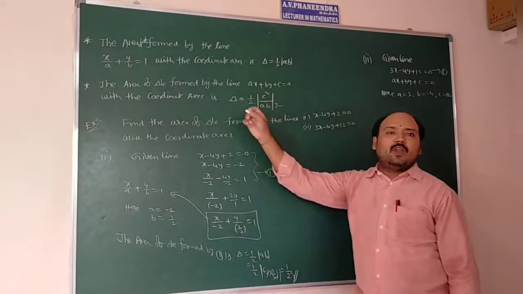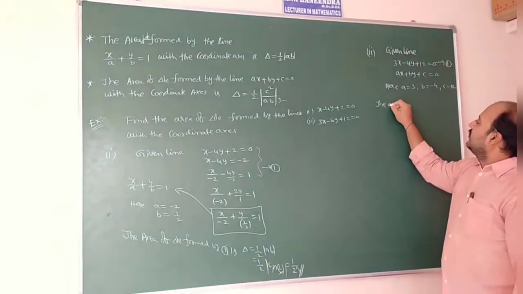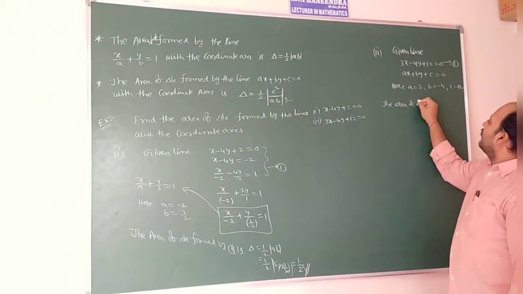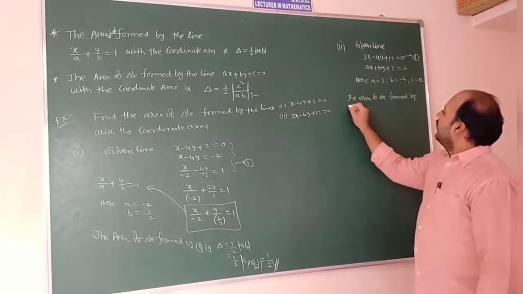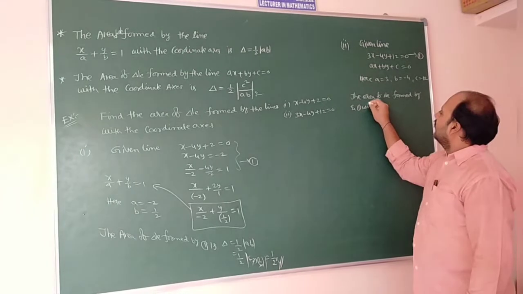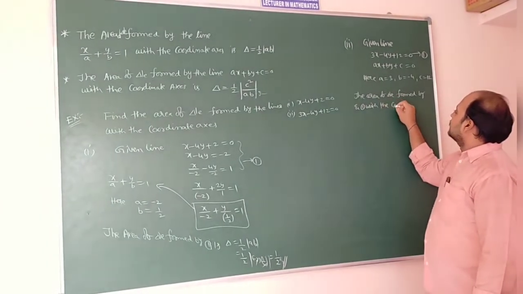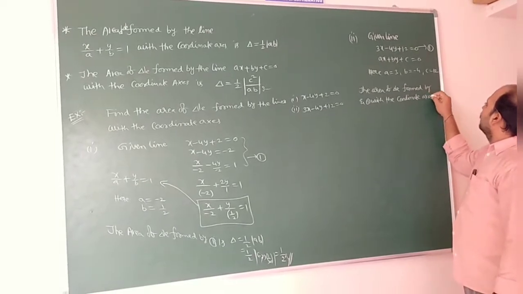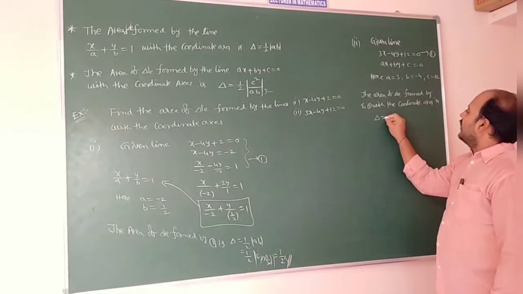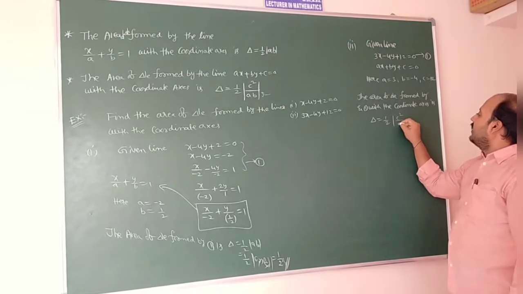By using second formula, the area of triangle formed by equation 1 with the coordinate axis is delta equal to half c square by AB.